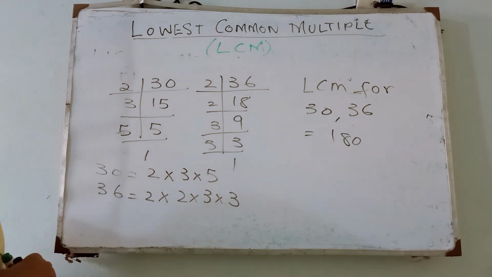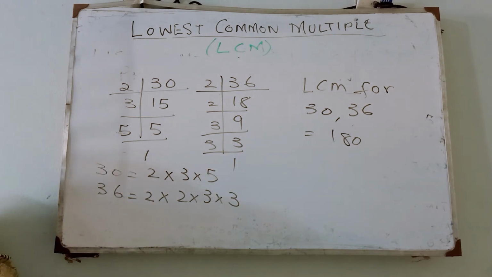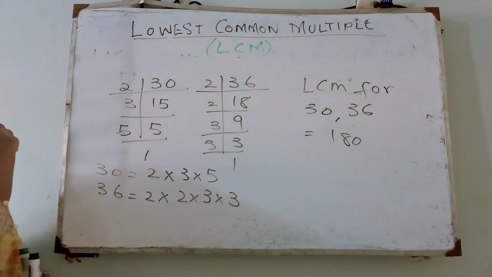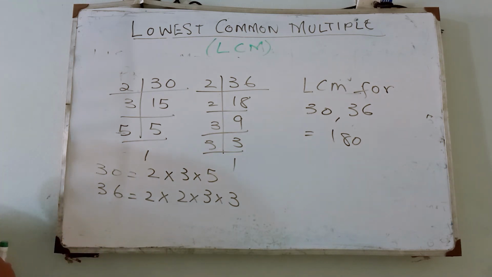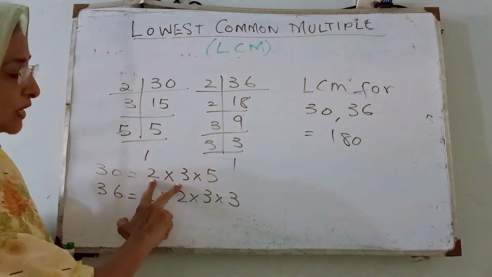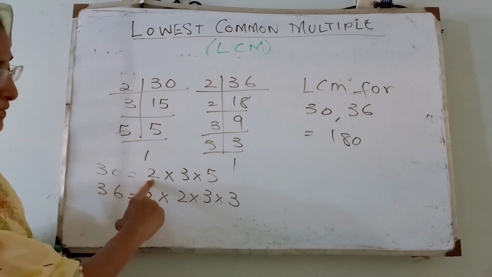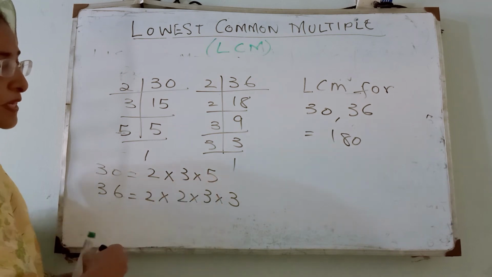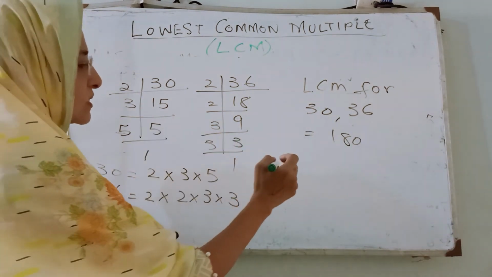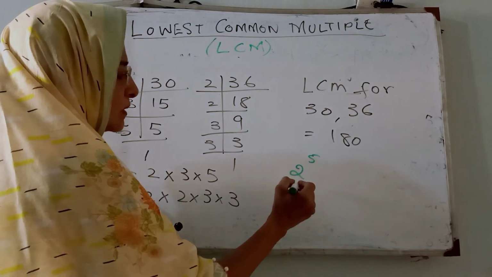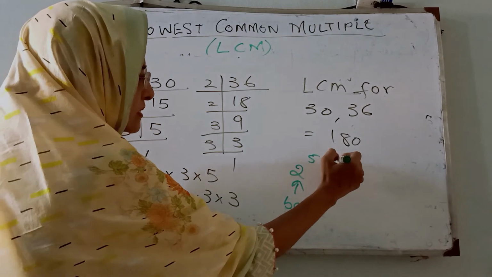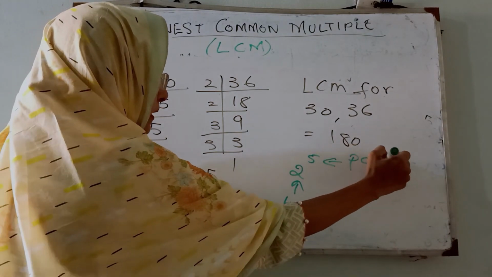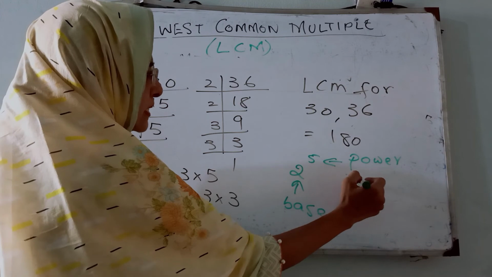Now index means power. When we are doing a question in the form of index notation, I should write my numbers in the form of power. As you can see here, if I have a number which is written as 2 raised to the power 5, this is called the base, this is called the power, and the other name for power is index.